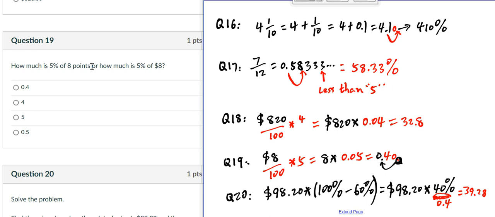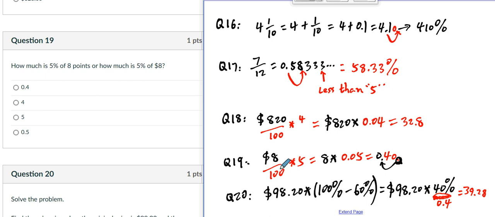It doesn't make too much sense to choose 5% out of 8 points. But it does make more sense with $8: you take 5%. How much is that money? Again, we have to use the meaning of the percent.